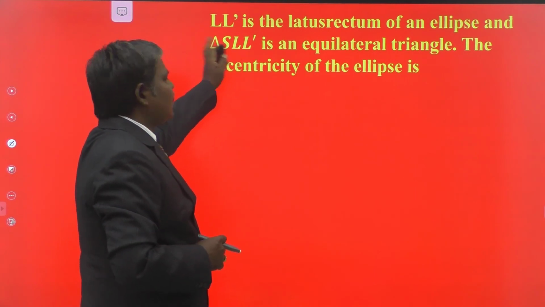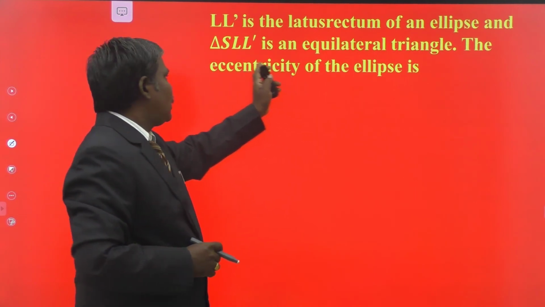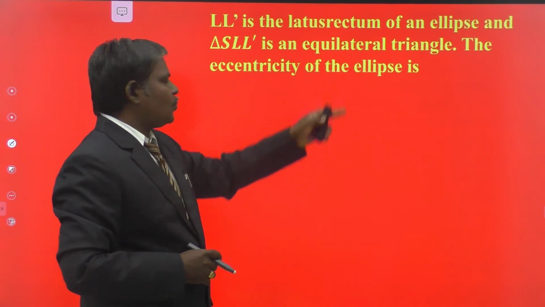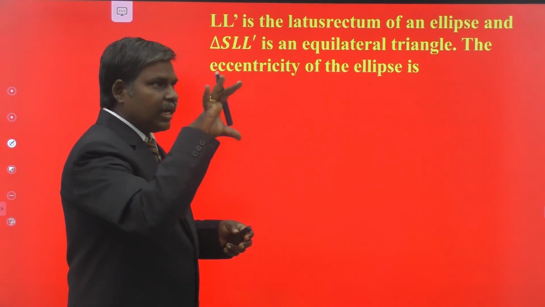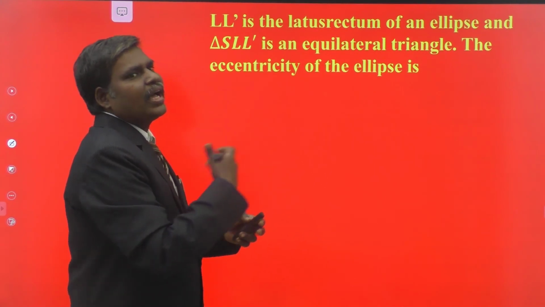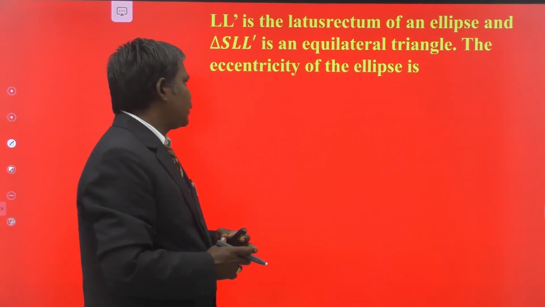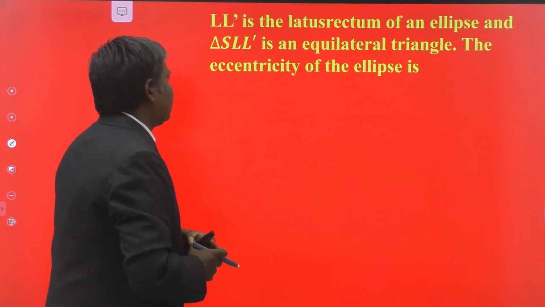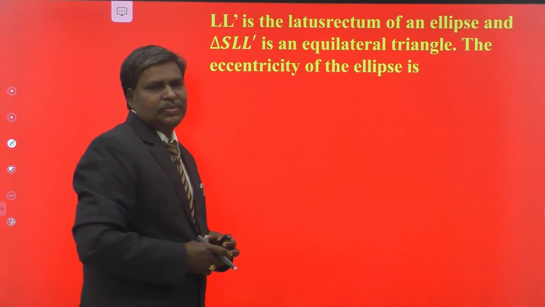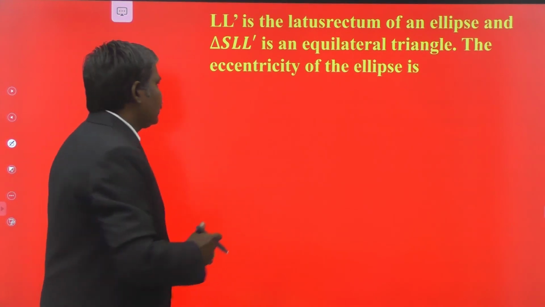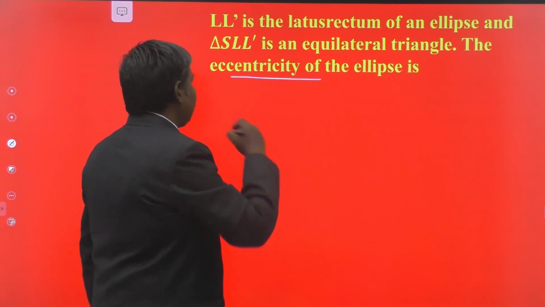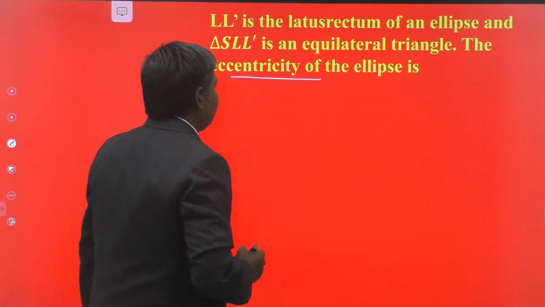That means S' is the other focus. You always know that S, L and S' are not collinear, but they are saying it is an equilateral triangle, meaning the latus rectum makes an equilateral triangle with the other focus. Then you have to find the eccentricity of the ellipse. It is very simple for you. Let us try to draw the figure.